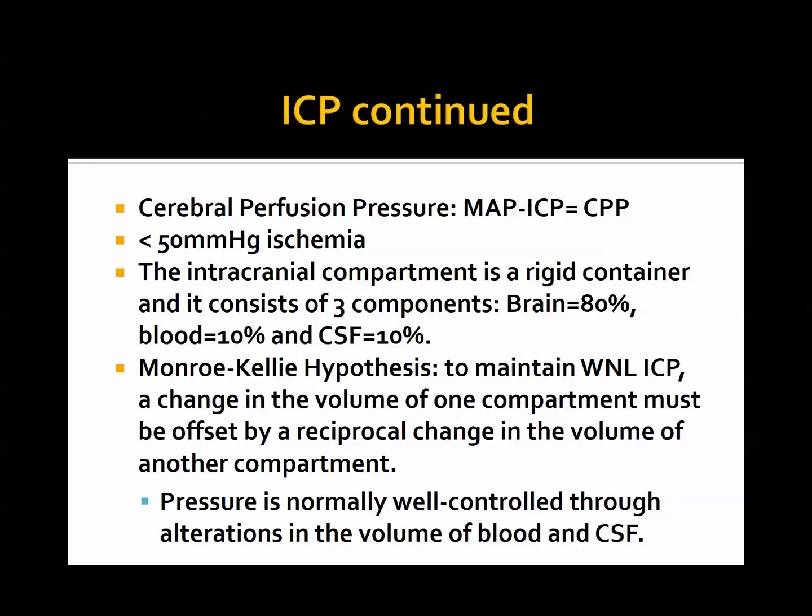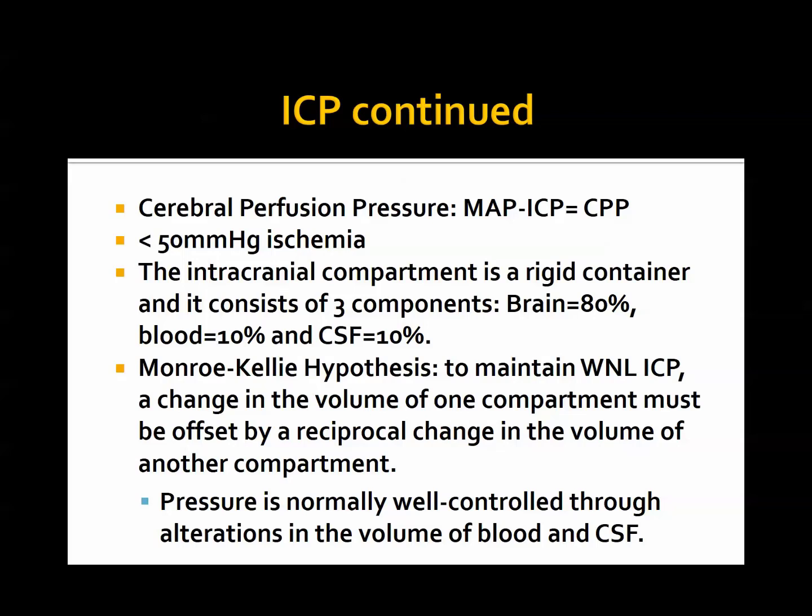So normally in our compensation on a daily basis to an increased pressure, like for instance, when you sneeze, I think your ICP goes up to like 200 or something, some crazy amount, but it's just for a few seconds, so it goes right back down.